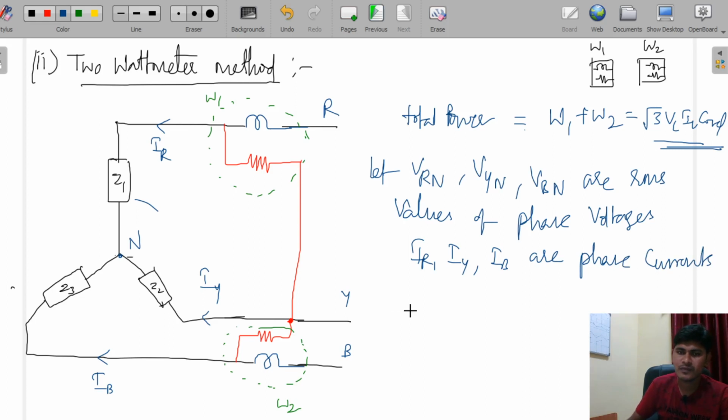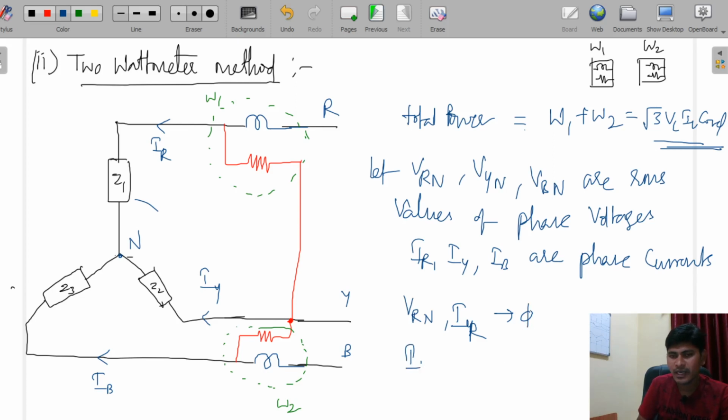Now let me consider a balanced load, for the sake of convenience. If I consider it as a balanced load, IRN will be equal to IYN, equal to IBN, and all voltages will be equal. The phase angle between VRN and IR is phi.